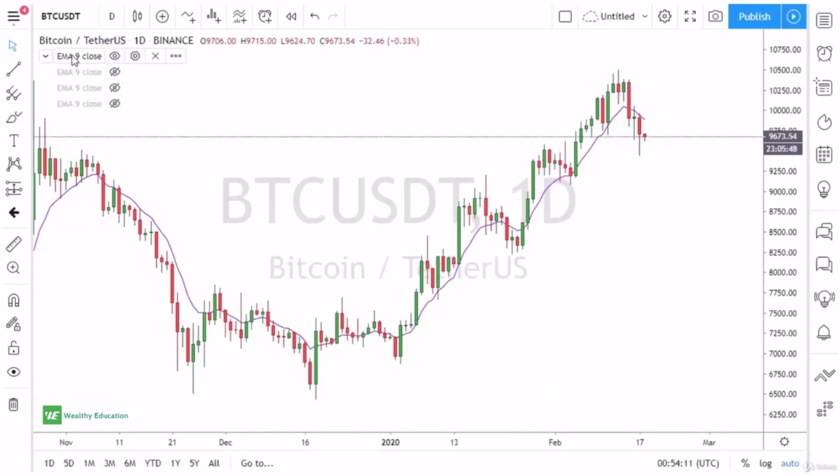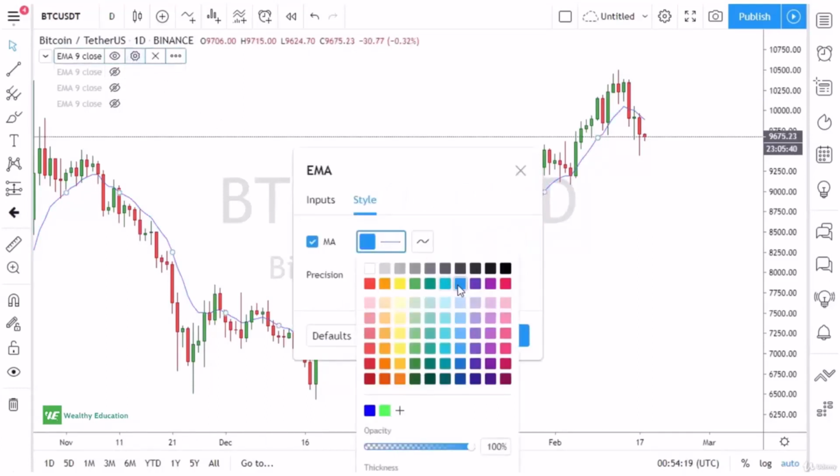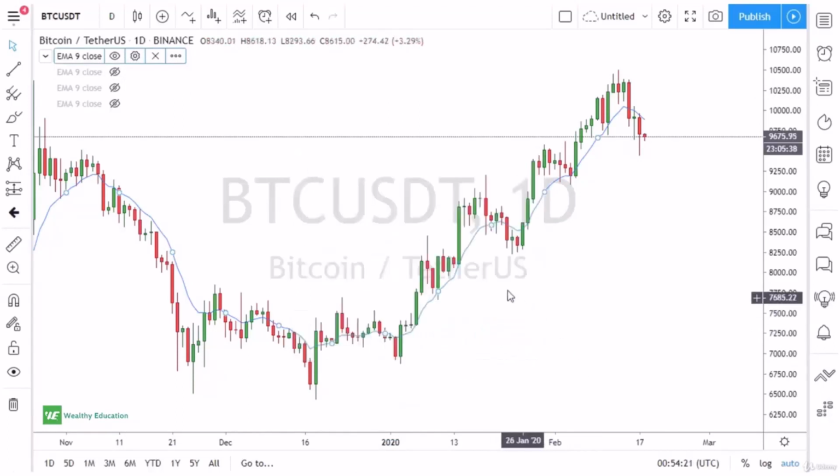On the EMA, Exponential Moving Average, 9 period based upon the close, I'm going to change the color to blue. And okay. You can see that the moving average does in fact go up and down with the average price of the close of the candlestick. Obviously, prices are rising here, so you would expect the 9 EMA to rise right along with it.